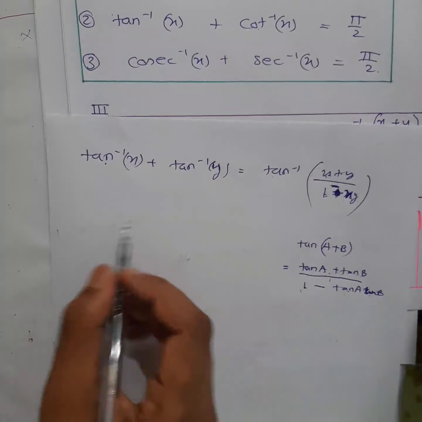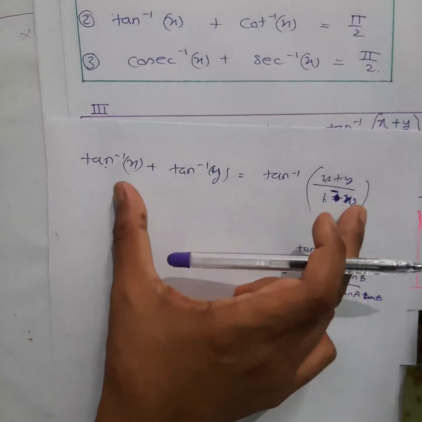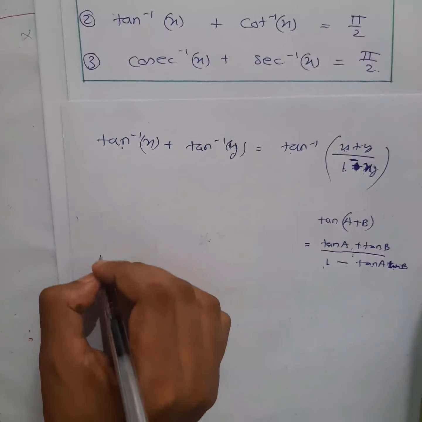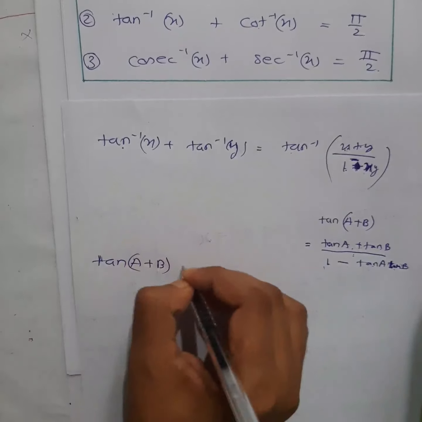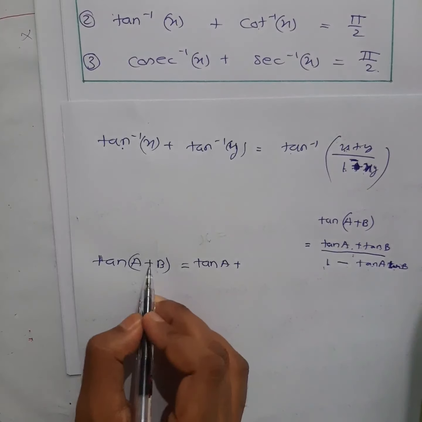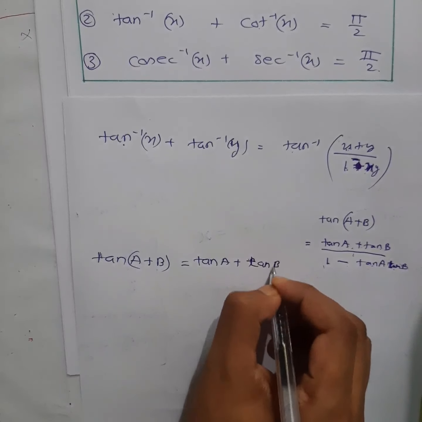Okay, so see how we will derive. I told you, right, this derivation which you have here, we used to derive from the normal trigonometric function also. So see here, what was the formula? Tan a plus b is equal to tan a plus tan b, whatever is the sign in the numerator, always the same.